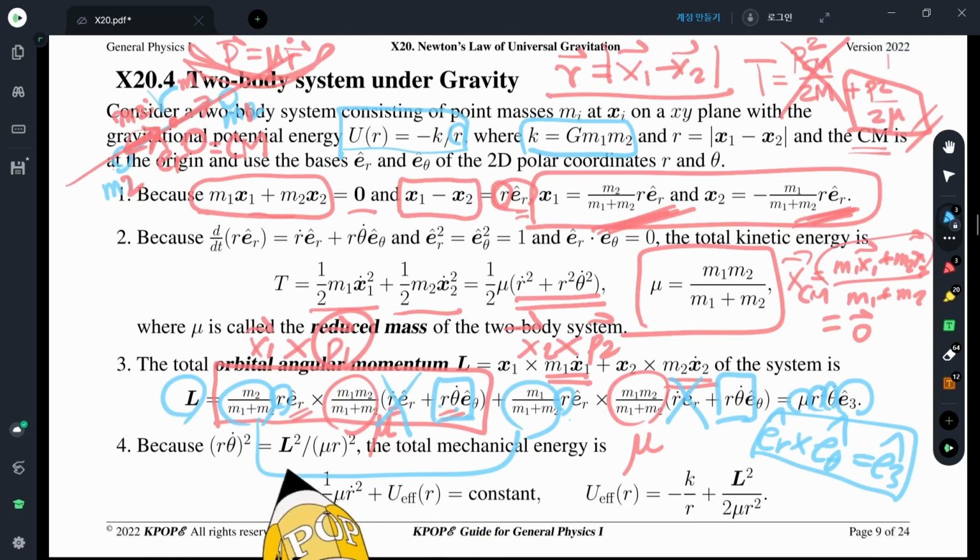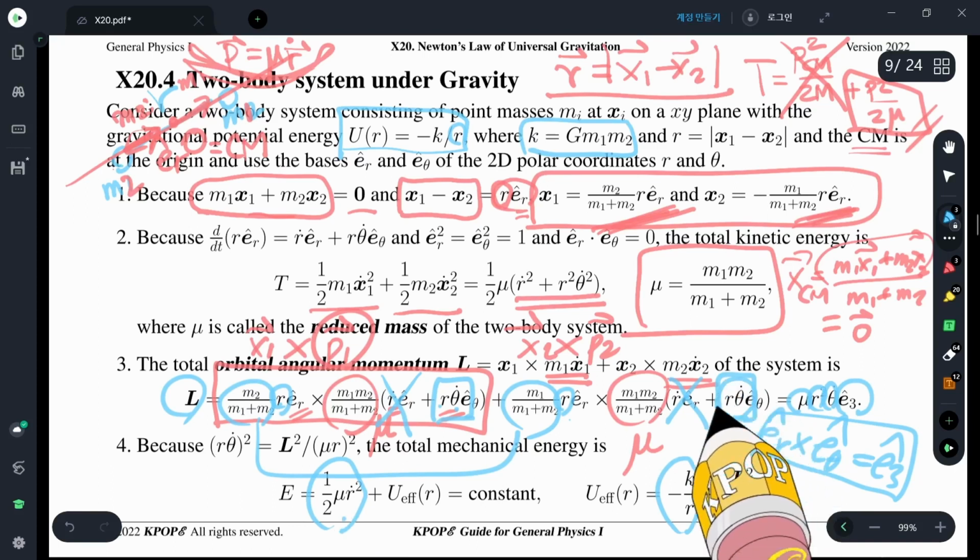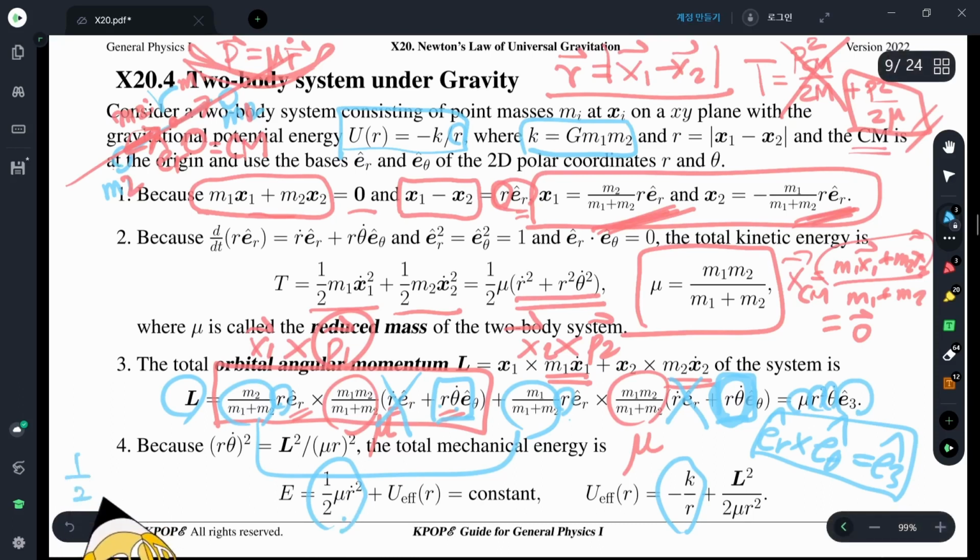Alright, the total mechanical energy is the sum of the potential energy and the kinetic energy. But in the kinetic energy there is a missing term. What is that? That is the kinetic energy due to the tangential motion. The tangential motion has 1/2 mu r squared theta dot squared.